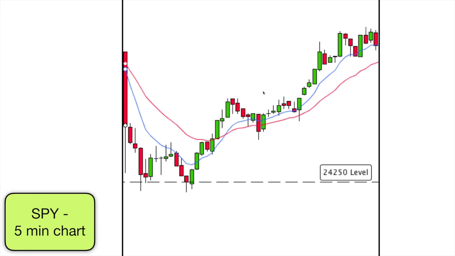Looking at this one then, this is on the SPY, the ETF, on the 5-minute chart again, and we've got a double bottom. So big move down here, big move down, and it reaches a support level, the 24,250 support level. And this is a nice double bottom.